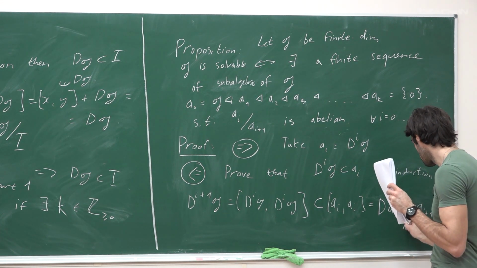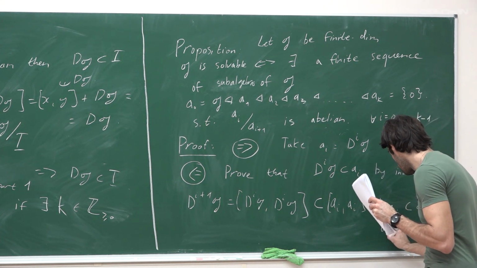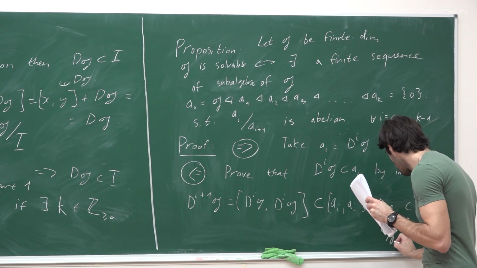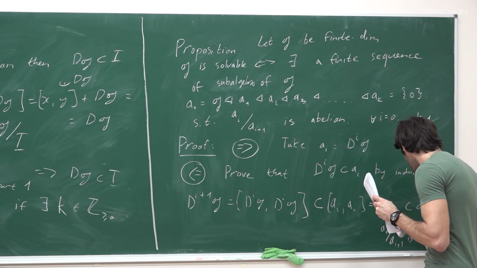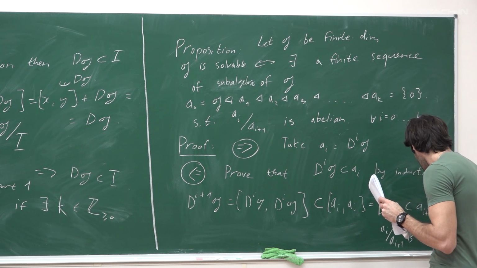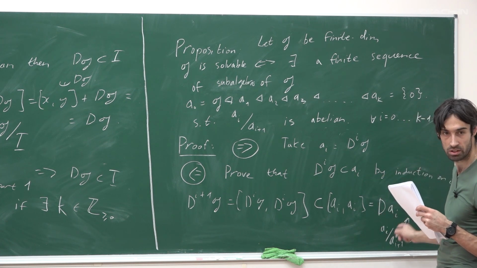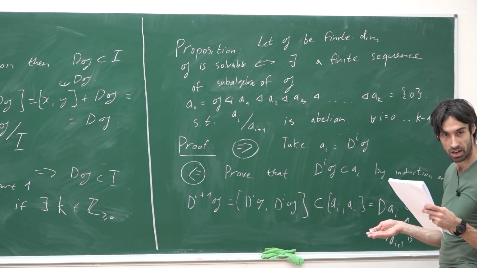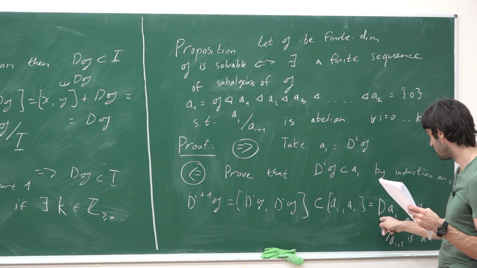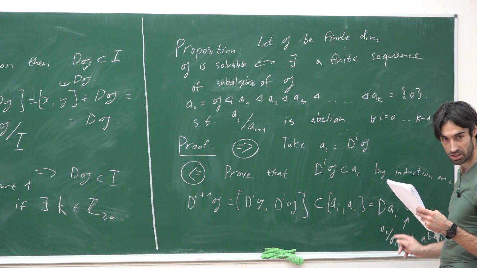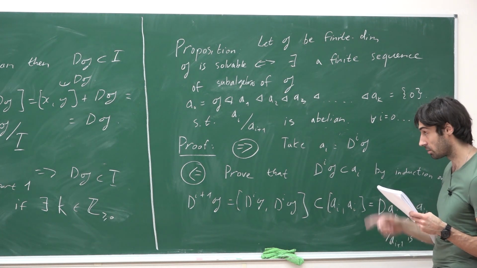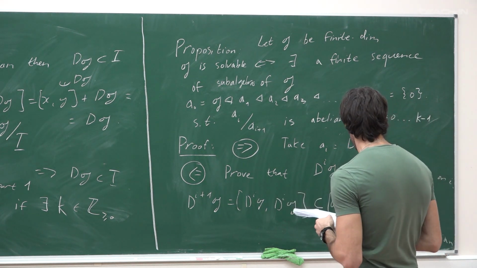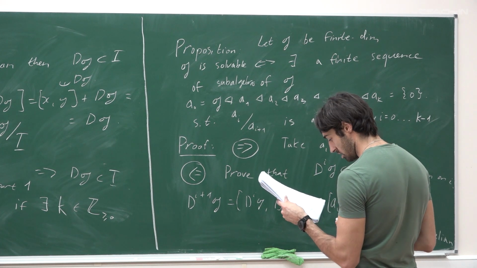This is just because A_i quotient by A_{i+1} is abelian. So this is an ideal, and quotient by it we get an abelian algebra, so therefore the derived algebra of A_i is inside this ideal, again by the lemma.